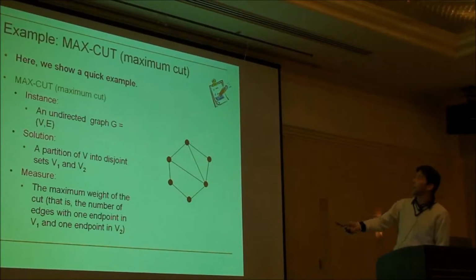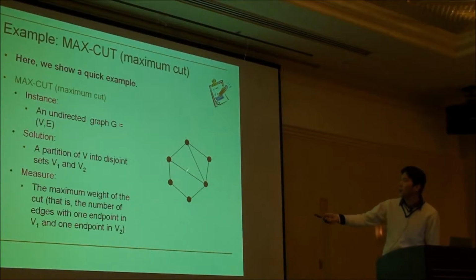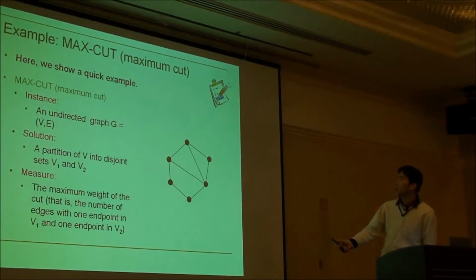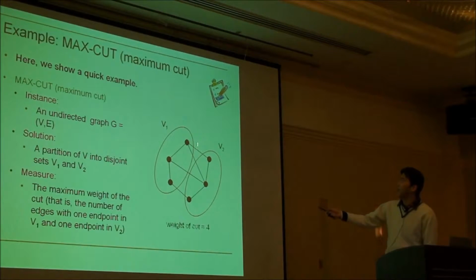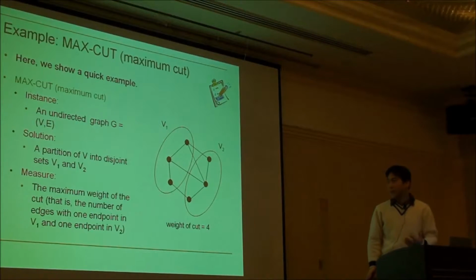Here is a very quick example of a maximization problem, the so-called maximum cut. The given instance is an undirected graph, and we are trying to find a partition of the vertices into two disjoint sets, V1 and V2. For example, here V1 contains three vertices, and V2 contains three vertices.